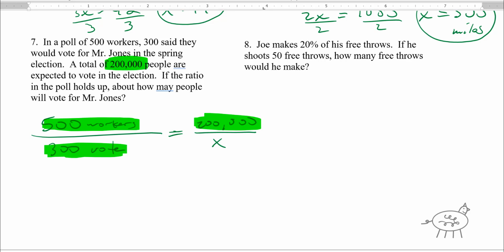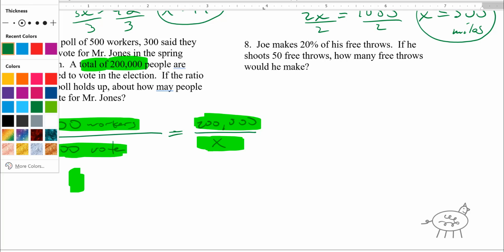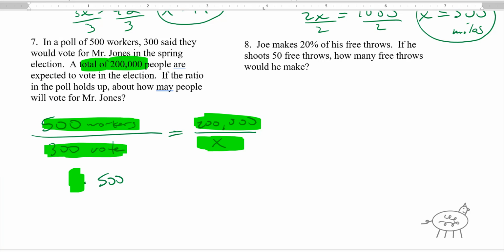That's really what this means here. A total of 200,000 people are expected to vote. Don't put that vote on there. I want to know how many are going to vote for Mr. Jones, and that's my X. So if I cross multiply, I get 500x is equal to 300 times 200,000. Again, use your calculator.